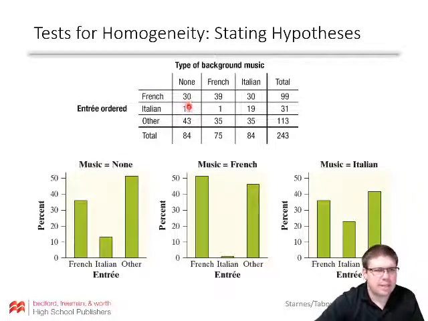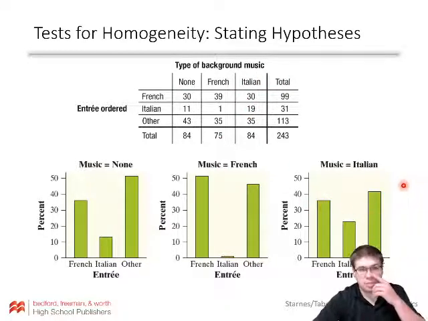And then Italian was 11 out of 84, that proportion ordered Italian, and 43 out of 84, which is a little over half, ended up being other. And then when French music was played, we had a similar distribution, not very likely to order Italian when French music was played, only 1 out of 75, so whatever that percentage is, and so on. And when Italian was played, we had these percentages.